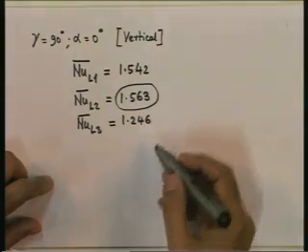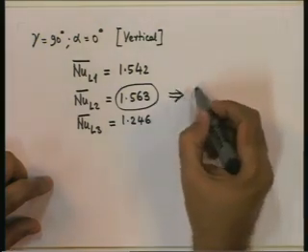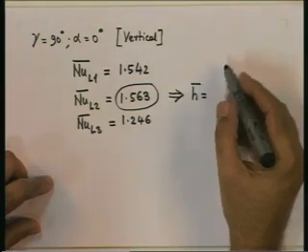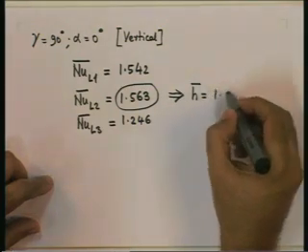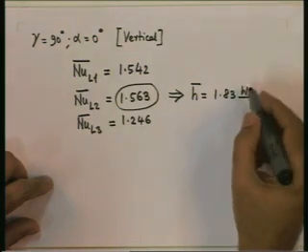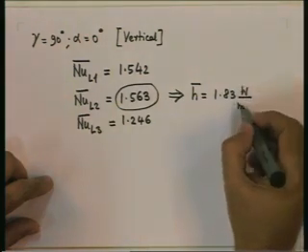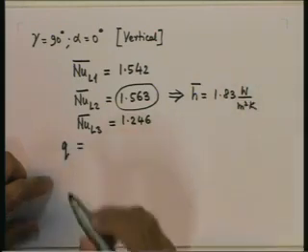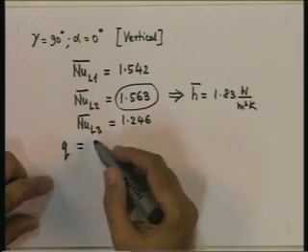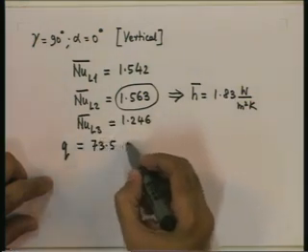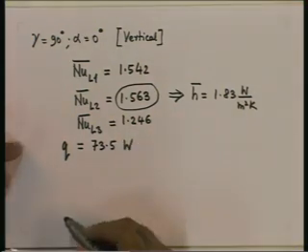So this is the Nusselt number, which gives us an average heat transfer coefficient of 1.83 watt per meter squared Kelvin and a heat loss of 73.5 watt.